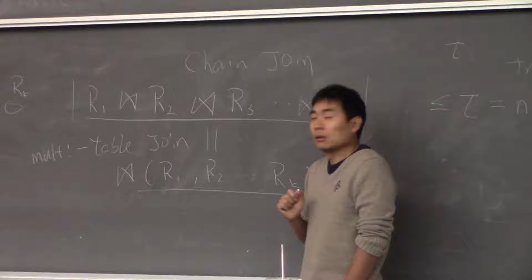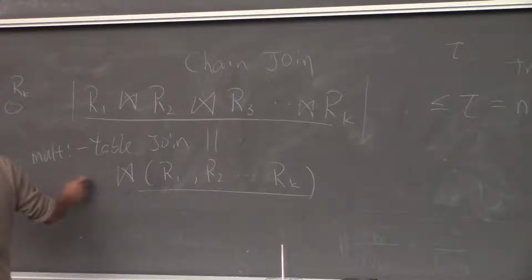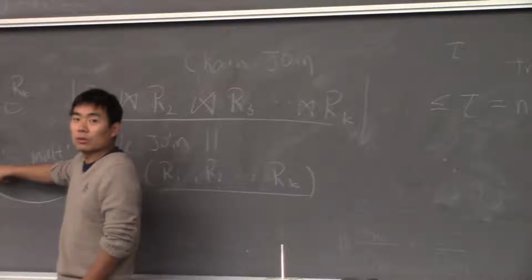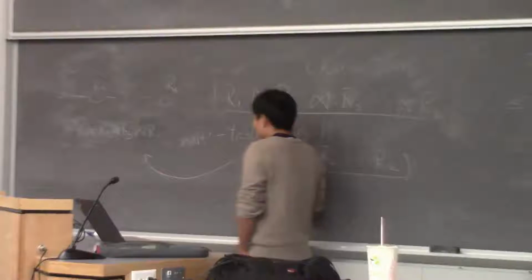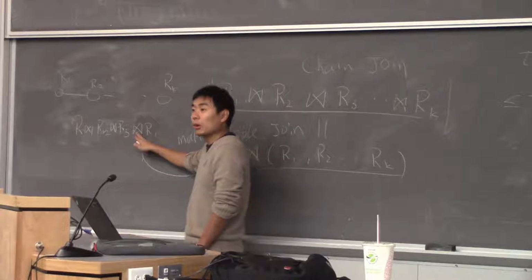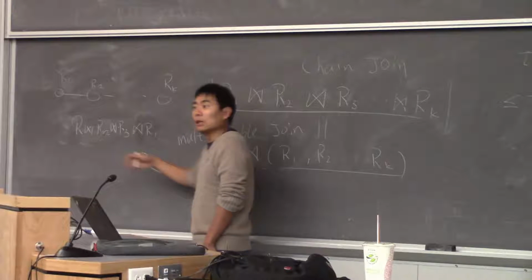For example, this is the joint satisfying this condition, which means you use only the natural joint operator and you use only relations from this set.